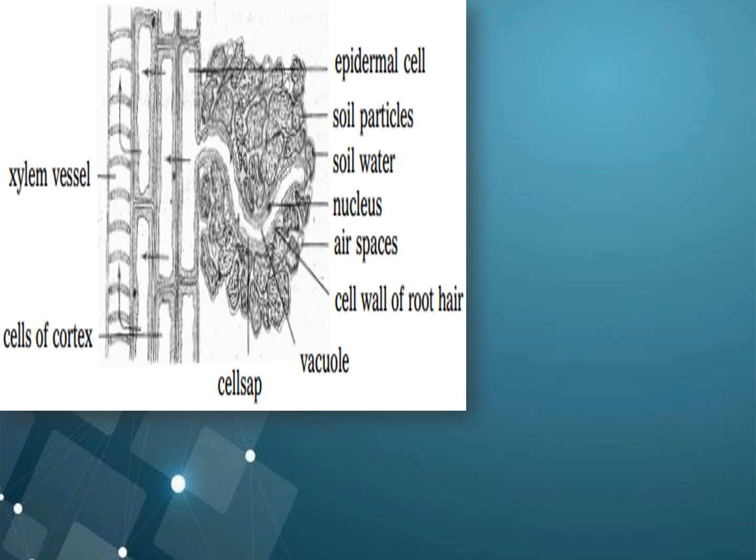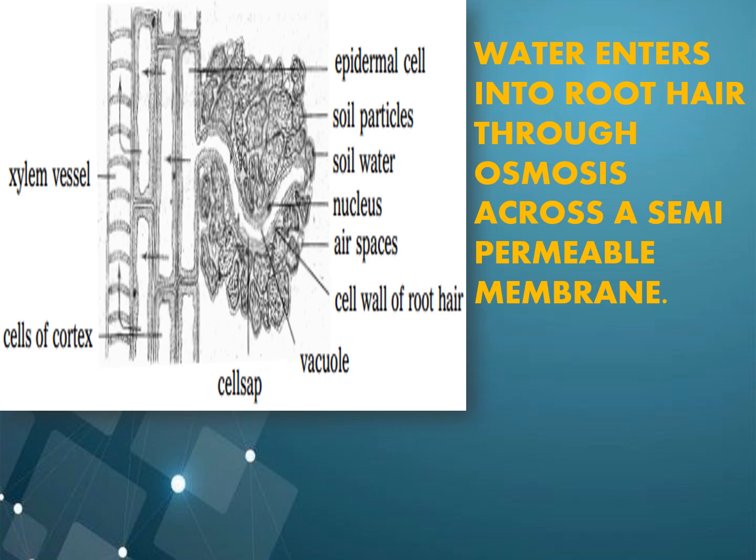Moisture means nothing but water molecules. The soil water is an extremely dilute solution of salts. So, the soil water is more dilute than the cell sap present in the root hairs. Therefore, the water will pass into the vacuole of the root hair by the process of osmosis.